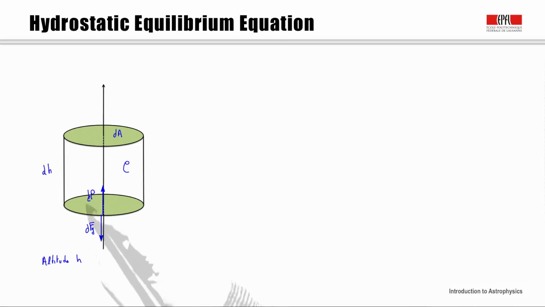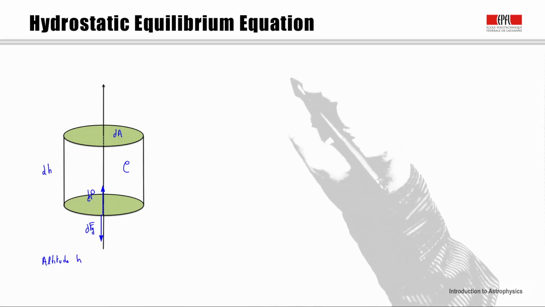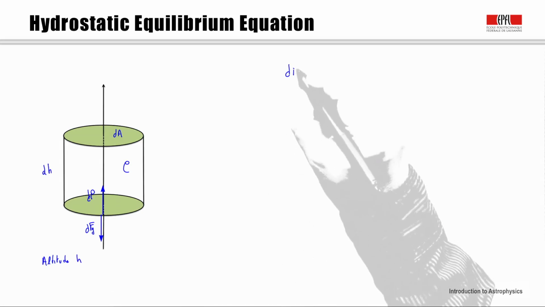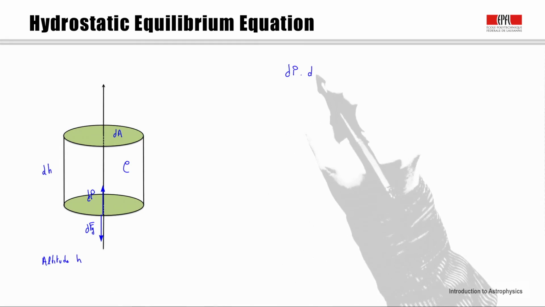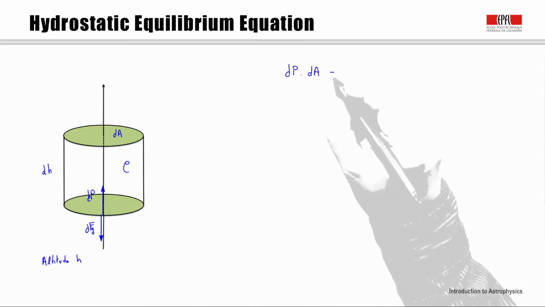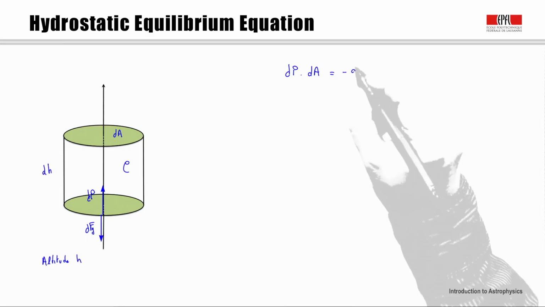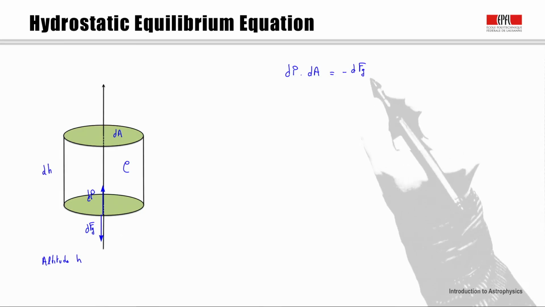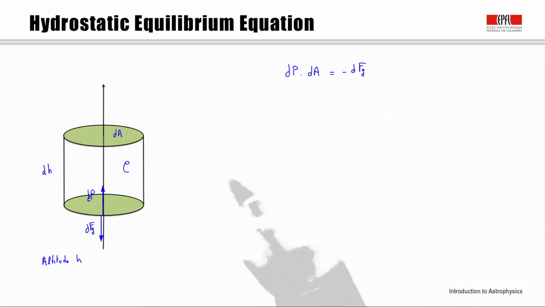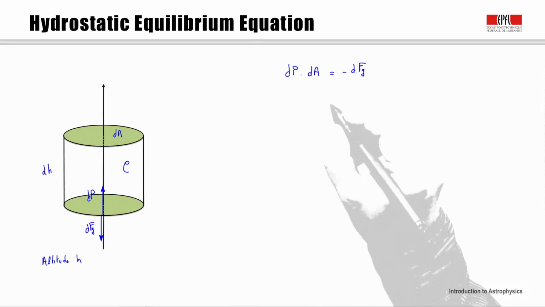There is here an infinitesimal pressure, the force of which is dP dA. If we are interested in the pressure exerted on our infinitesimal volume, we can write it as dP dA. Since we seek the equation of hydrostatic equilibrium, this must be equal to minus dF_g, which is the gravitational force exerted on this infinitesimal volume.